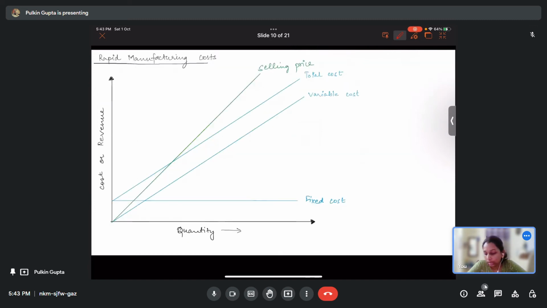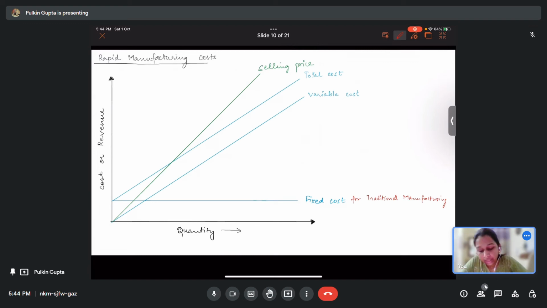Now let us check certain concepts. So this is your fixed cost for traditional manufacturing. This contains the cost of your rents, insurance, electricity bills, salaries, etc. Whatever is fixed.